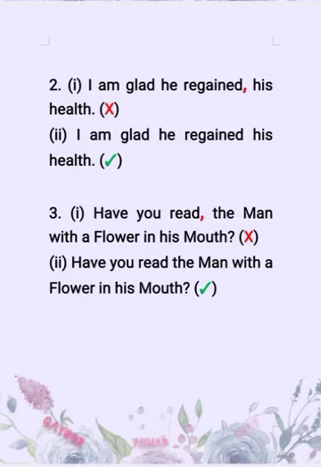Similarly, I am glad he regained his health. His health is the object of the verb regained and cannot be separated from it by a comma. And, have you read the man with a flower in his mouth? In this sentence, we have a long object, the man with a flower in his mouth. This is the object of the verb read and cannot be separated from it by a comma.